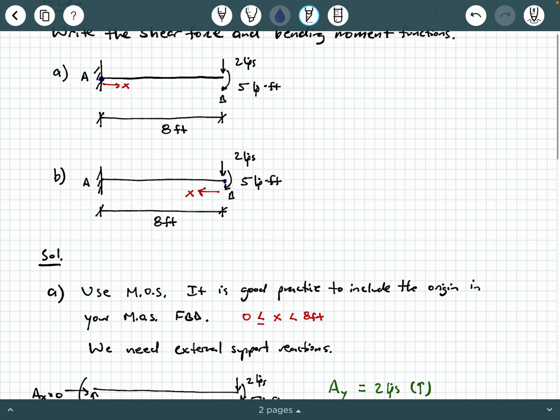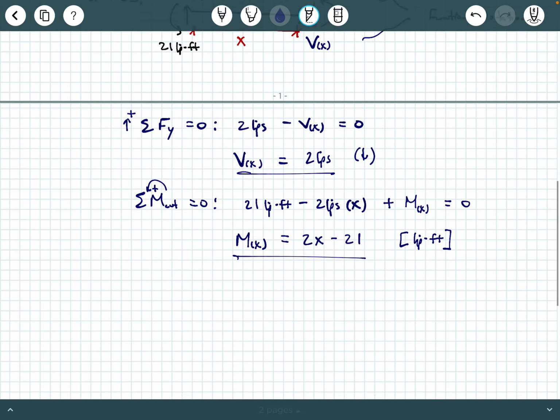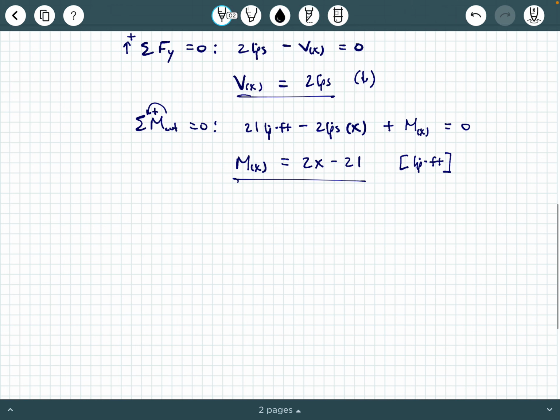Now let's look at part B. Same beam, but we're defining our x variable and our origin on the opposite end. So how is that going to affect what we're doing? Well, if anything, it's going to make our lives a little bit easier.